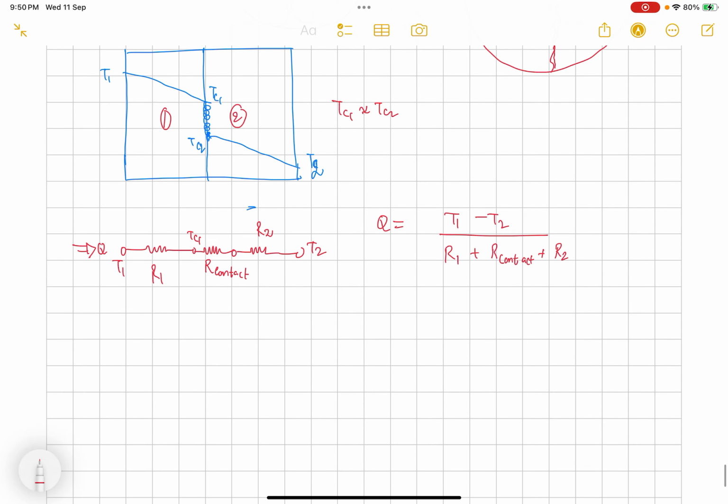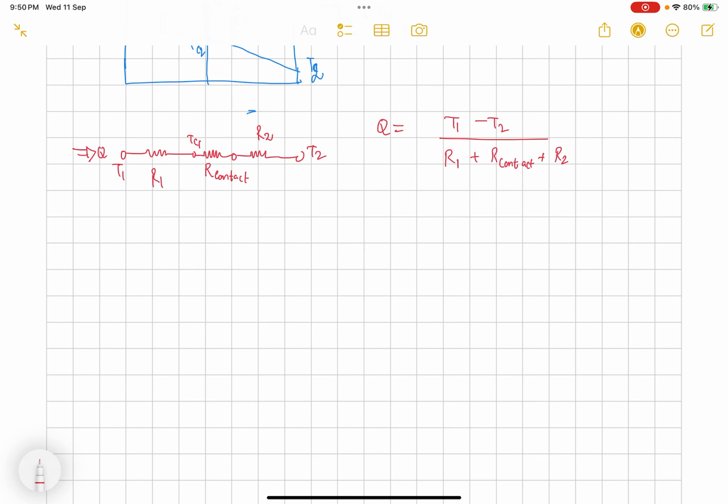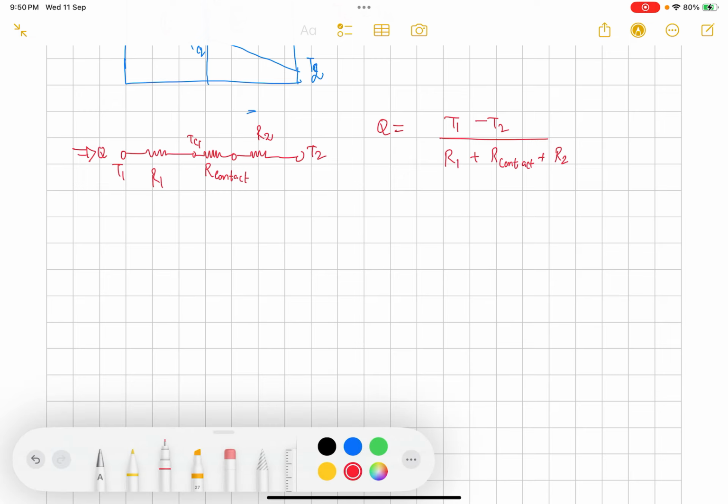So this was the concept of contact resistance. We can note it down in words.